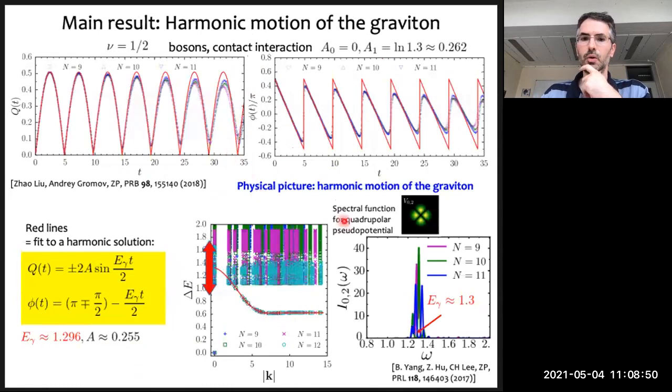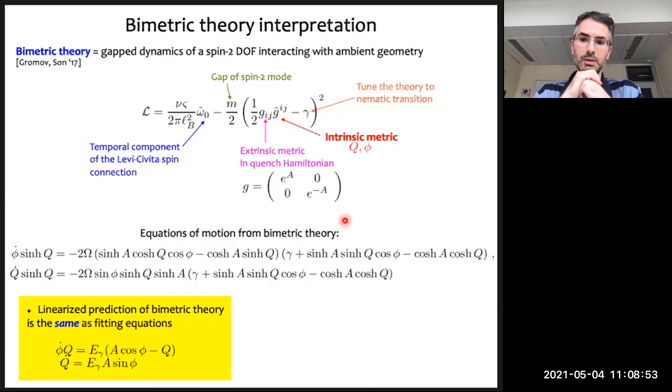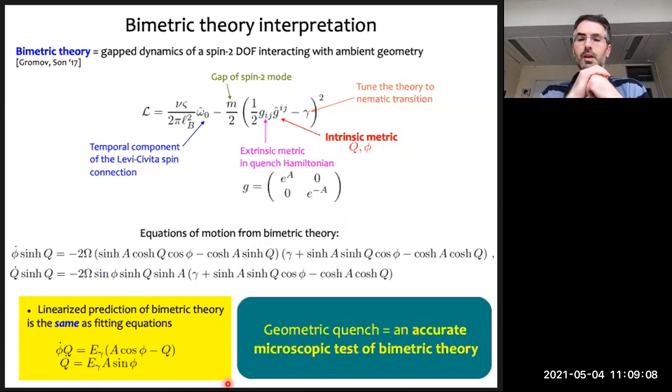Okay, so why you can do that is something that we still don't fully understand. It seems like it should be a highly nonlinear problem, but at least for this type of quench, it has a very nice, also linear kind of interpretation. And another nice thing from all this is that we can essentially use this geometric quench and the microscopic calculations that we developed for that to gauge the appropriateness of this effective geometric description.